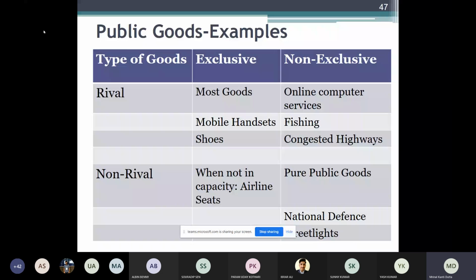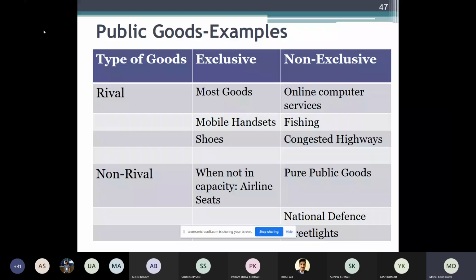So, while talking about the optimal provision of public goods, we need to find out how much of public goods will be required, and whether, as we have been stating, the public sector is the right supplier of public goods or not. We need to have a look into that as well.